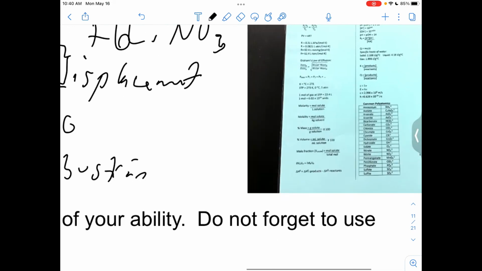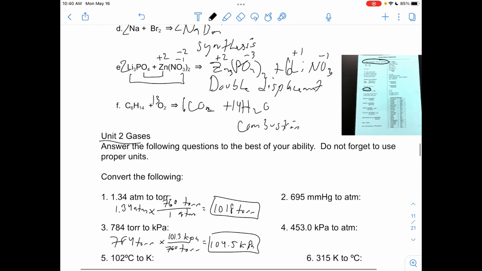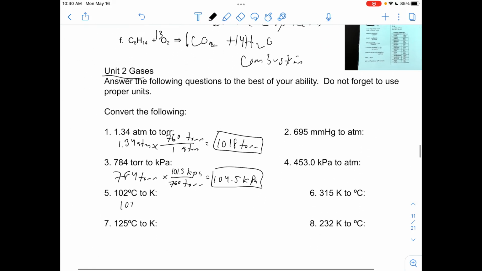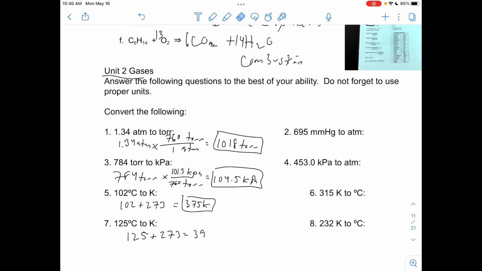Okay, temperature unit. And that is also on your periodic table, right over here. Okay, to switch from Kelvin to Celsius, we just add 273. So that equal to 375 Kelvin. Okay, same thing here. 398 Kelvin.